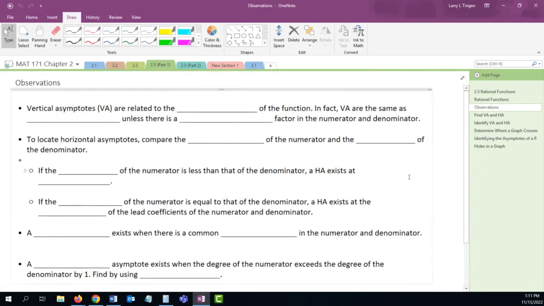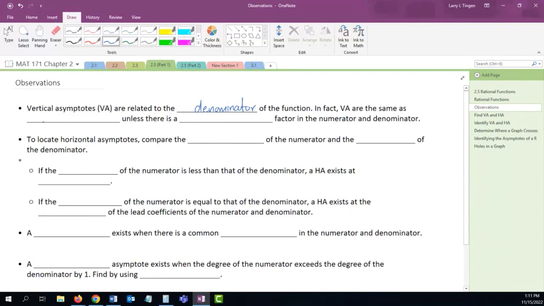So first thing, observations. Up until this point, based on the few examples we've done, we know that vertical asymptotes are related to the denominator, because the vertical asymptotes are the same as the solutions to the factors in the denominator, unless there is an equal factor in the numerator and denominator.